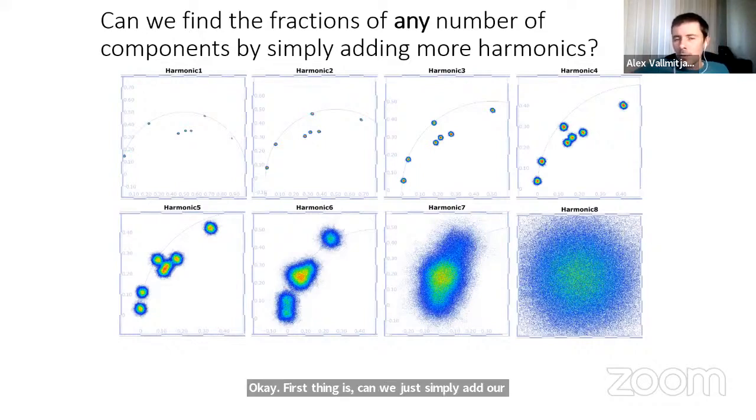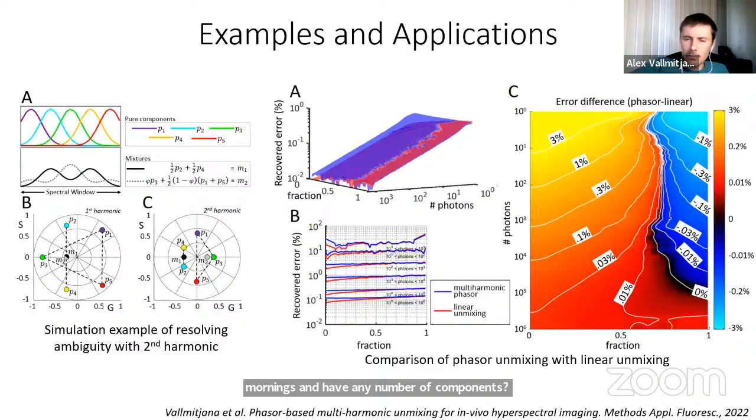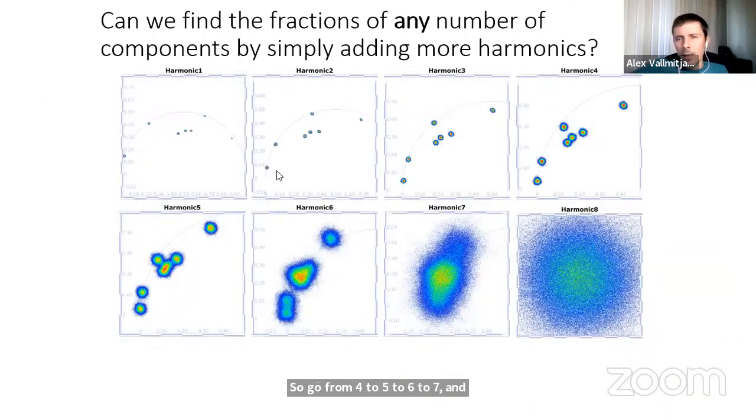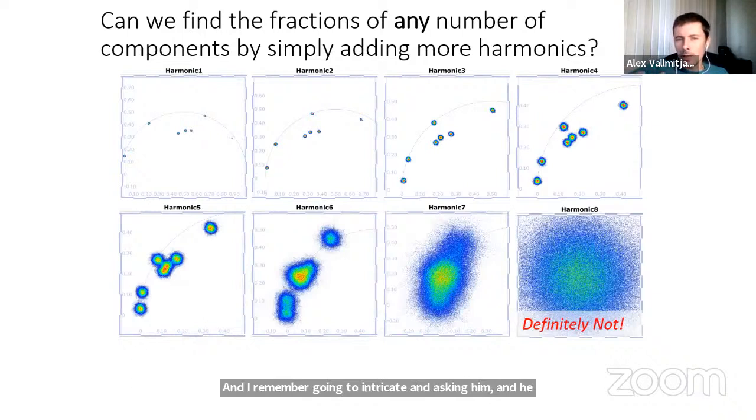So go from 4 to 5 to 6 to 7 and so on. And I remember going to Enrico and asking him, and he says, well, no way, this is not going to happen, because look at the way your harmonics spread out in the phasor space. As you add higher harmonics, everything converges to 0, everything is joined together. So no, we can't go up to any number of components.